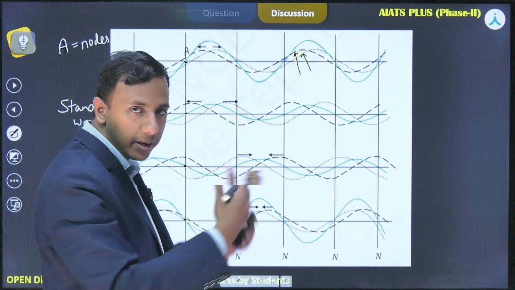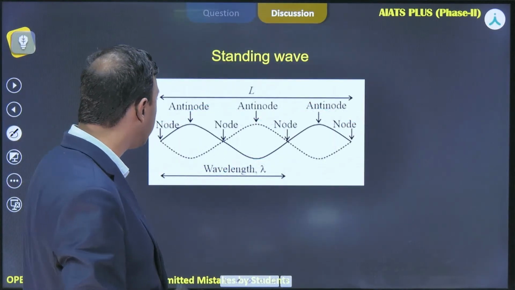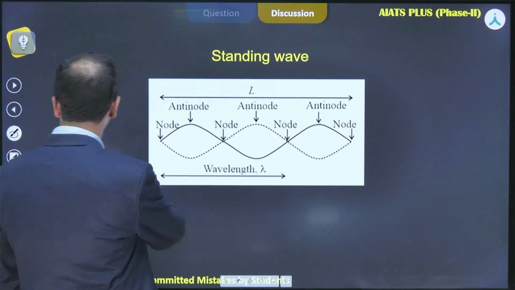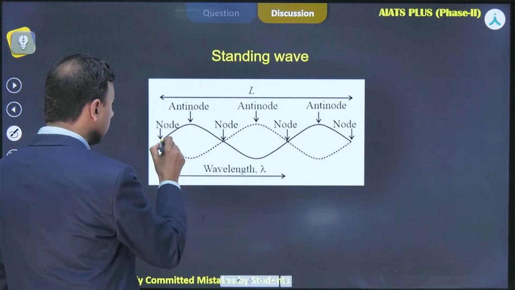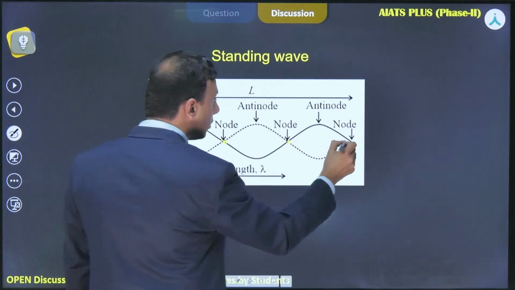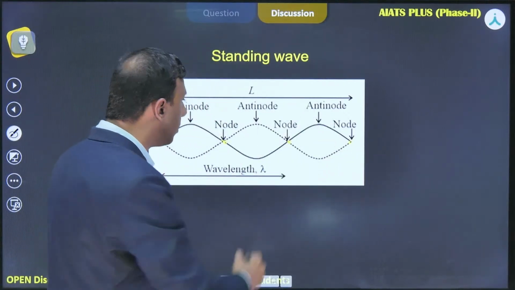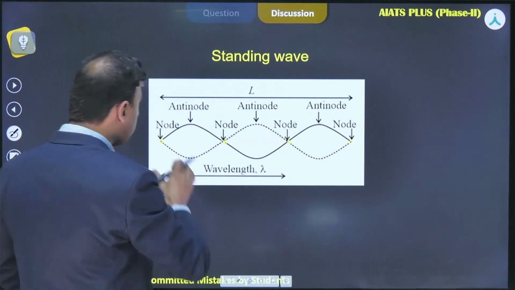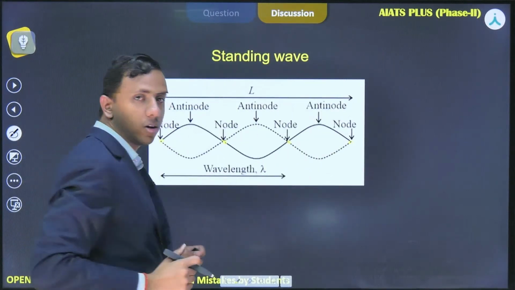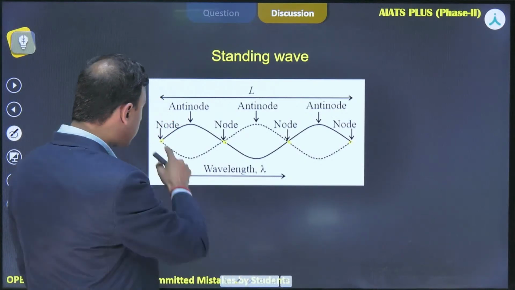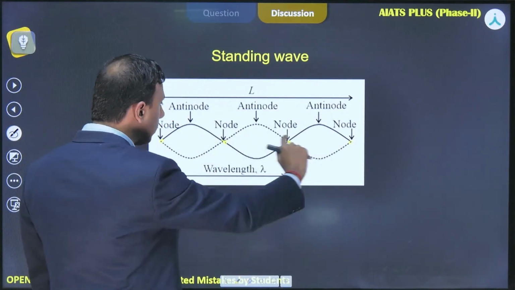So let me explain it in another diagram. See over here, same thing what I explained, right? You have nodes. Then between two nodes you have the antinode where maximum displacement can happen. And let's say this is full length of the standing wave, but that is not equal to wavelength. Wavelength is, see here, this we can call it as one wave.